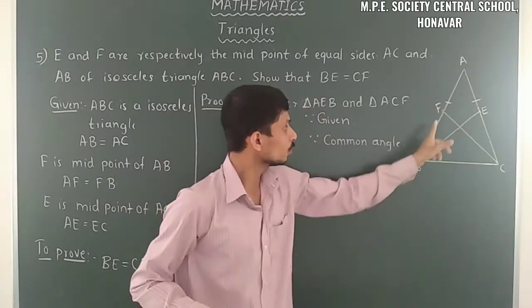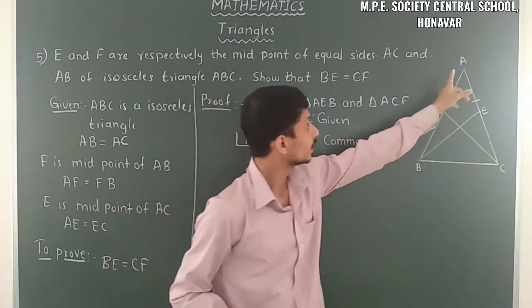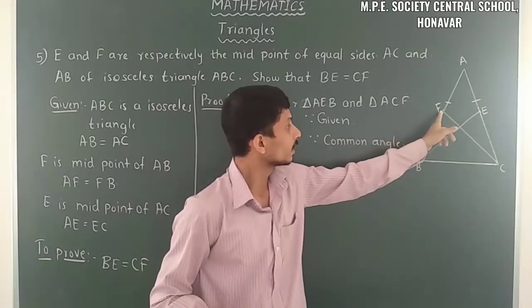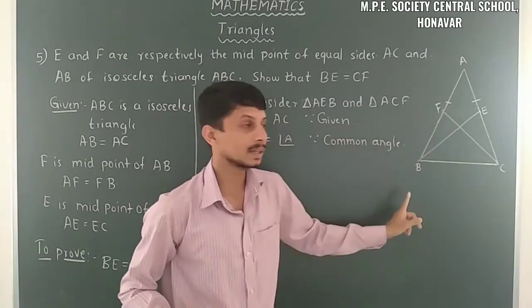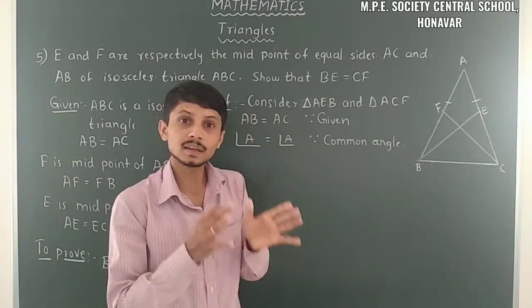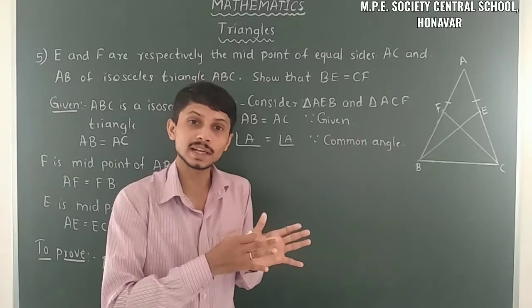AF is equal to FB and AE is equal to EC, and here F is the midpoint of AB and E is the midpoint of AC. So that means here AB is equal to AC. Those two sides are equal.